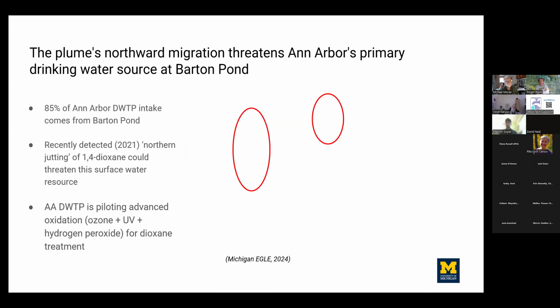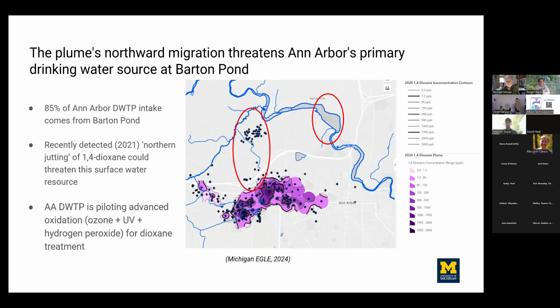But what exactly is my project and what am I doing? That northern jutting part out right there in the left red circle, that is Michigan Eagle monitoring wells that have low detection. So while dioxane is above 0, it's below the 0.3 ppb that we look for. So it's not a high enough concentration to be shaded purple, a pretty shade of purple on that map there, but it is detected.